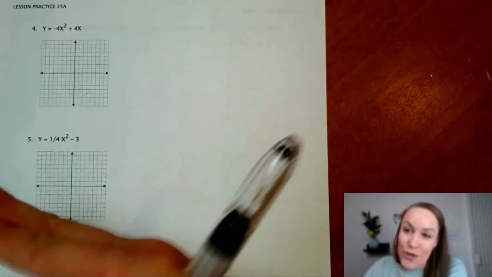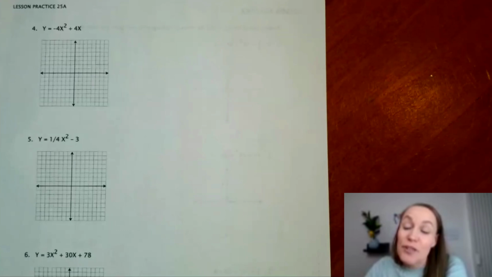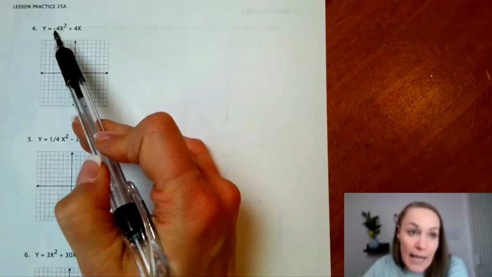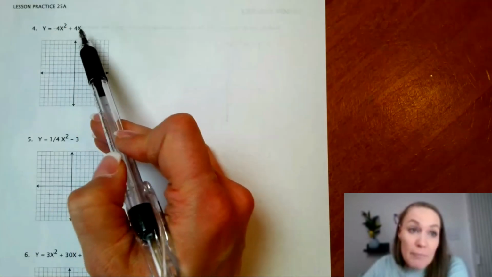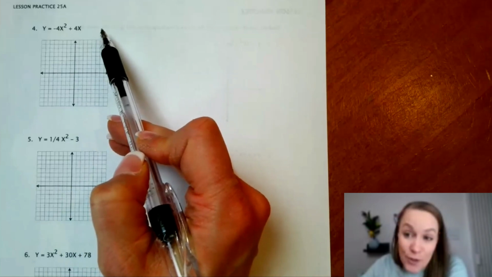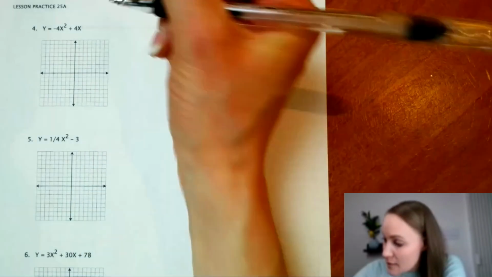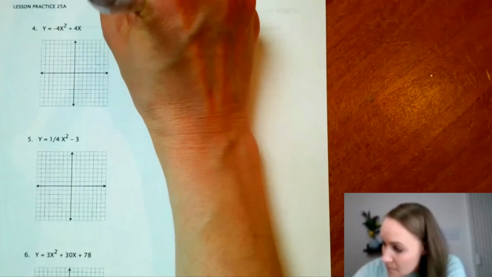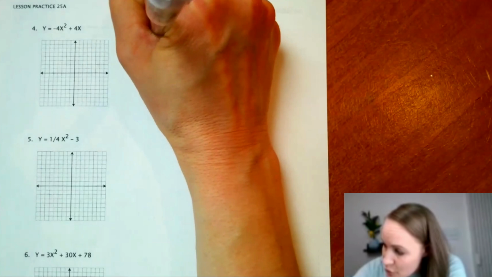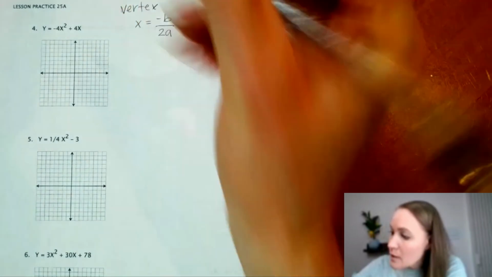But just to show you that your vertex formula will give you the right answer, I'm going to go ahead and plug it in. So my A value is -4, my B value is +4, and my C value is 0. Okay, so my vertex formula is x equals opposite B over 2A.